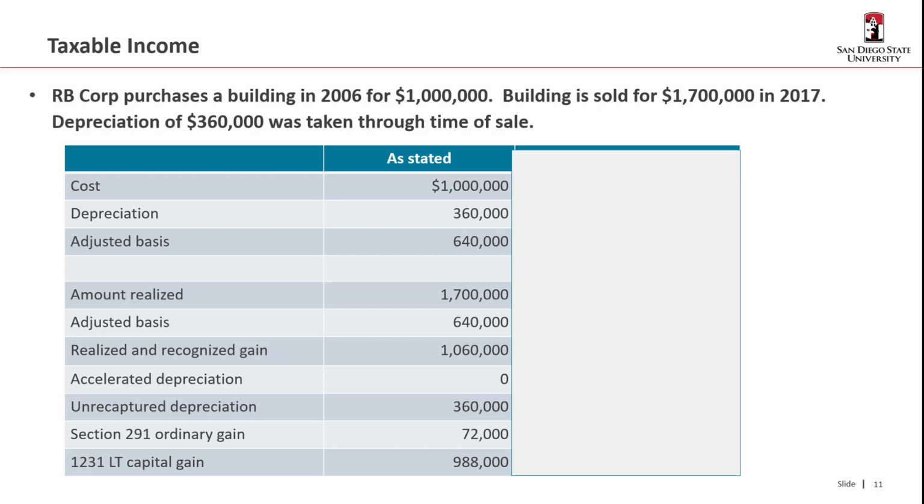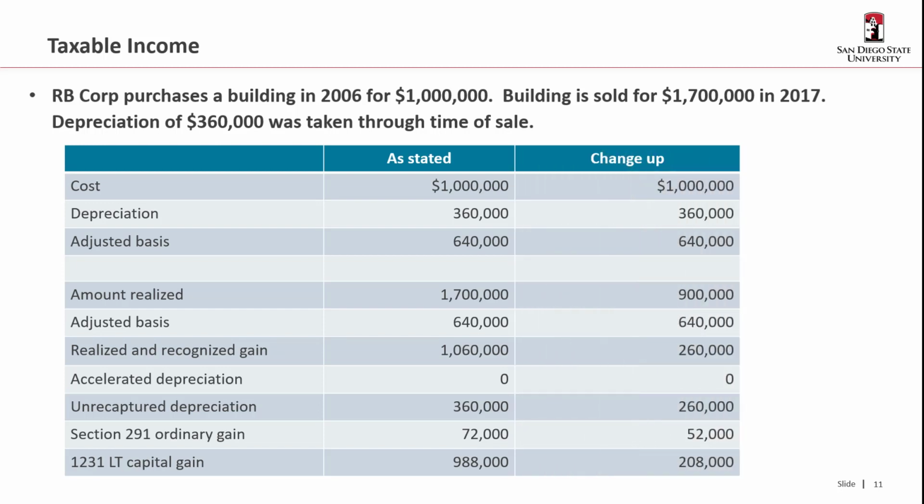This is a corporation, so under Section 291, we take 20% of 360,000. That's 72,000 and treat that as ordinary gain. The remaining amount of the gain is treated as Section 1231, and to the extent that's the only gain, that will be treated as long-term capital gain. So that means the $1,060,000 minus the 72 results in the 988.